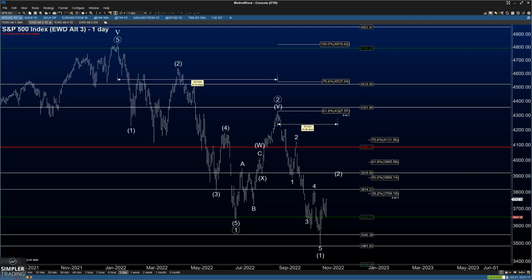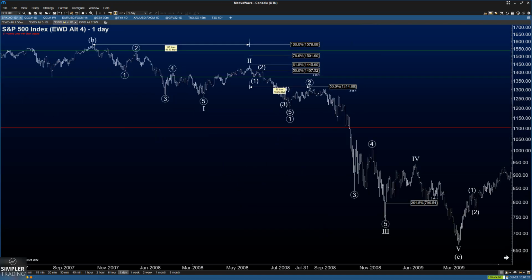The other thing that I want to look at, if we go back and take a look at that move from 2007 to 2009, if we look at timing here, and just measure from what was at the time the all-time high, well above that, to the end of this first bounce, so swing high to swing high, that was 151 days, 151 bars on the daily chart.